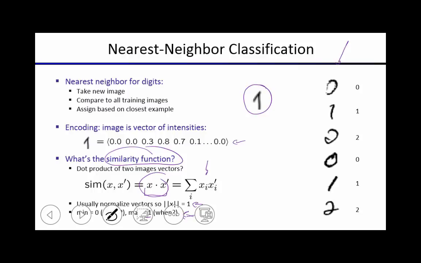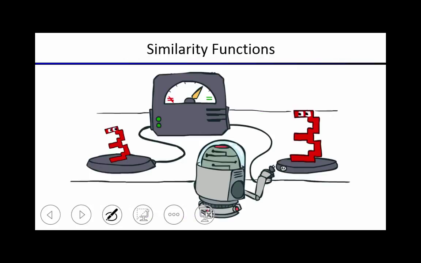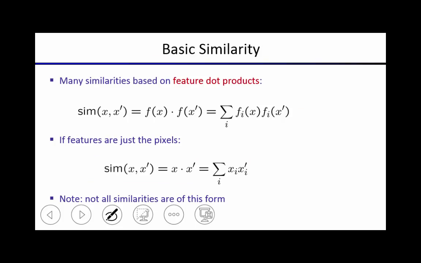All right? So what are some similarity functions we could look at? One we already saw is just the inner product. You could do the inner product of the raw pixels, or the raw input you got. You could also compute a feature vector first, like you've done already for naive Bayes and the perceptron, and then take the inner product of the feature vectors.